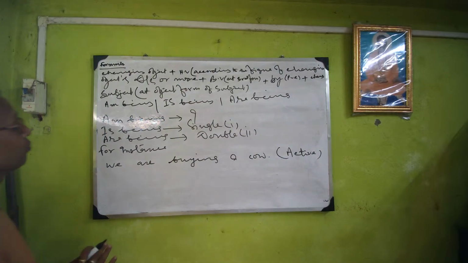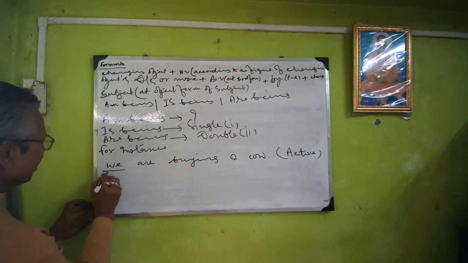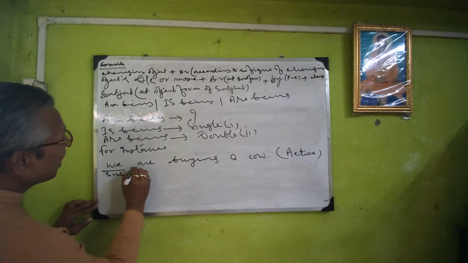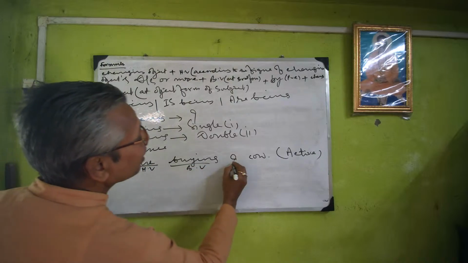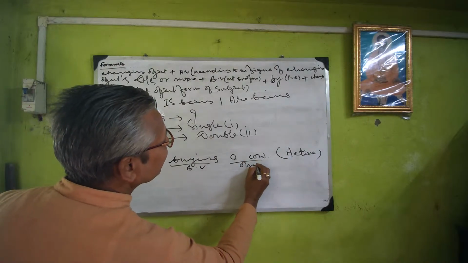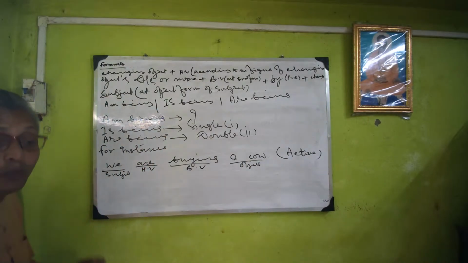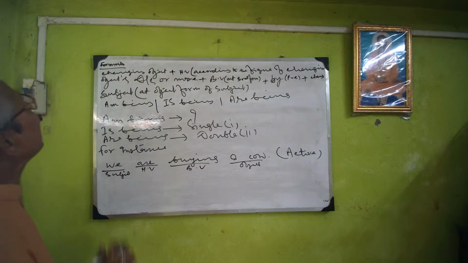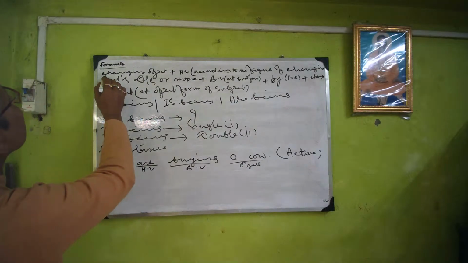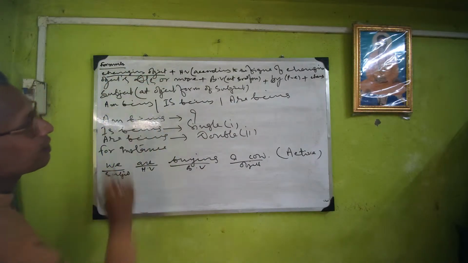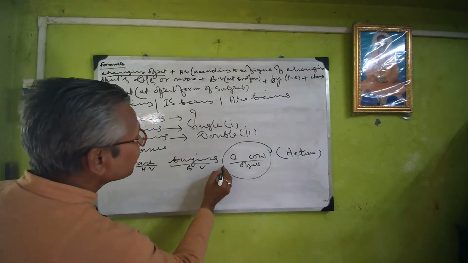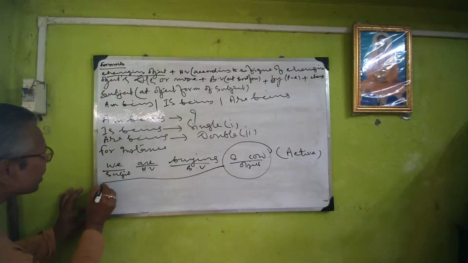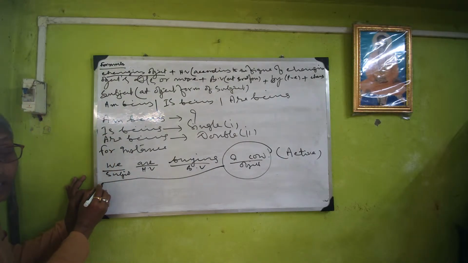Here you see, we is subject, are HV, buying BV, a cow object. According to the formula, at first it requires changing object. Here, a cow, the object, comes at the place of subject, so it is called changing object.